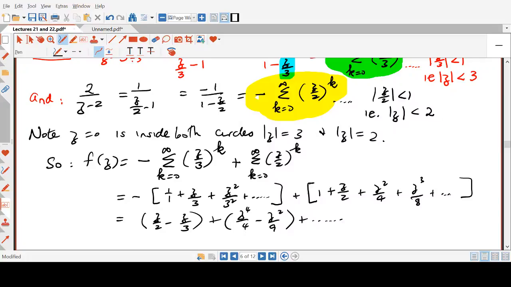Z squared over 4, that's a square term. The next one will be a cubic term, and the fourth order term, and so on and so on. So that is a series representing that function I gave you at the beginning, z over z squared minus 5z plus 6, within that circle, of course.